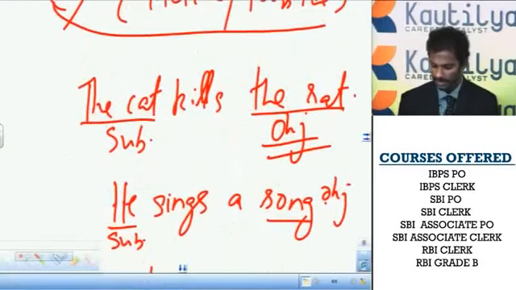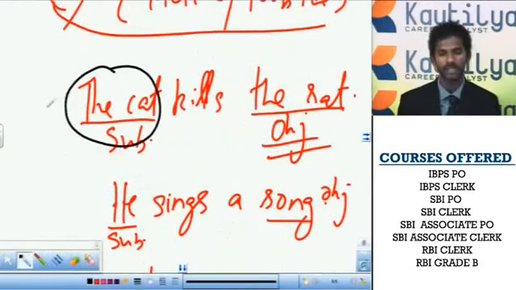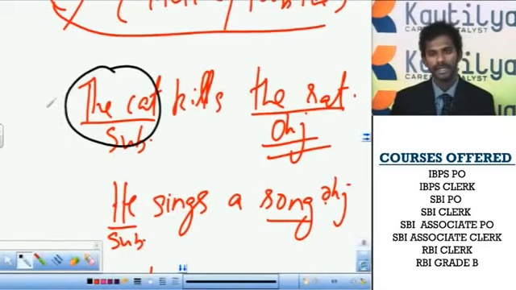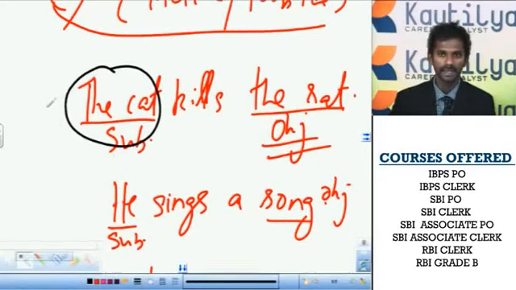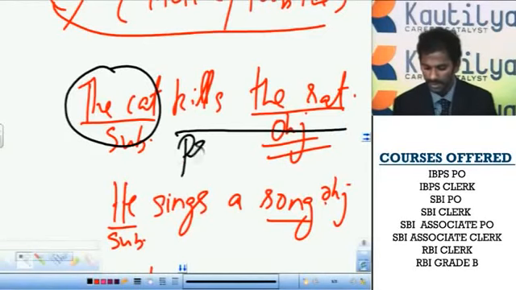The cat kills the rat. The cat is the subject here. As I said, what is said about the subject is called the predicate. In this sentence, what is said about the cat? What is said about the subject, that is the cat, is kills the rat. So, kills the rat is termed as the predicate.